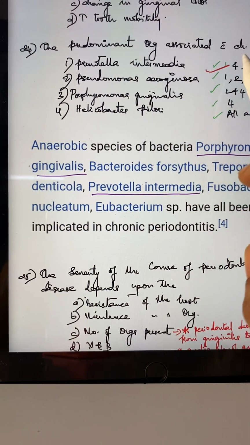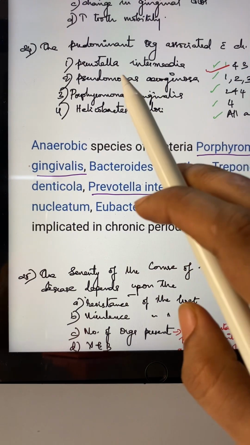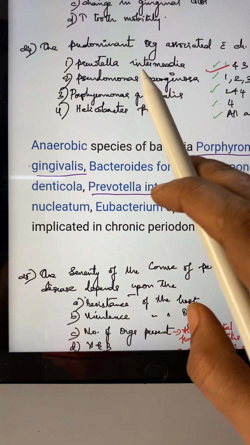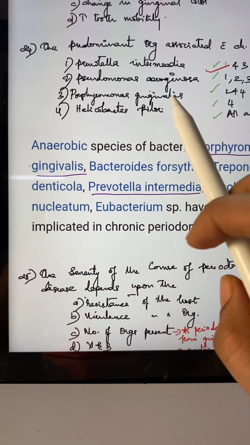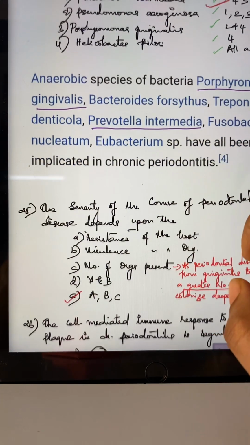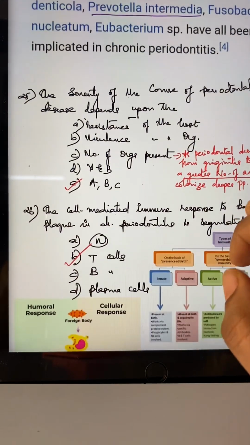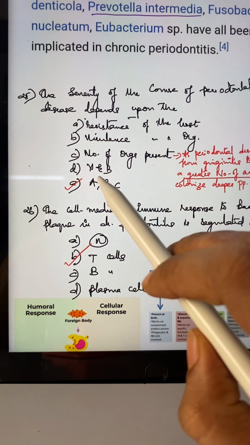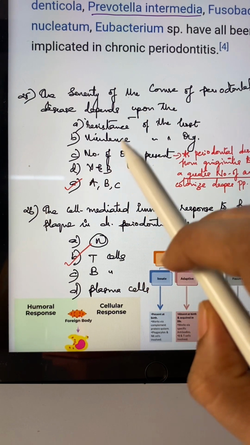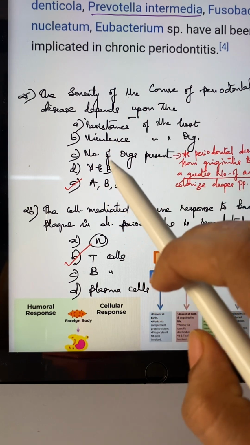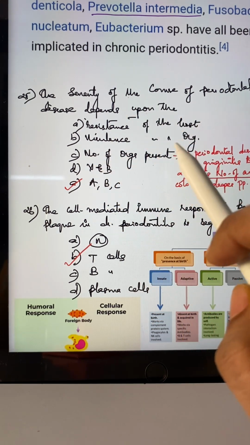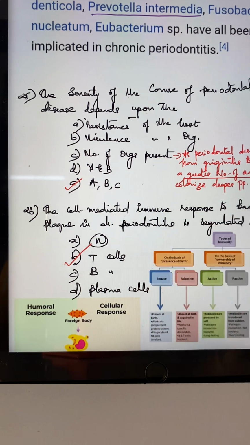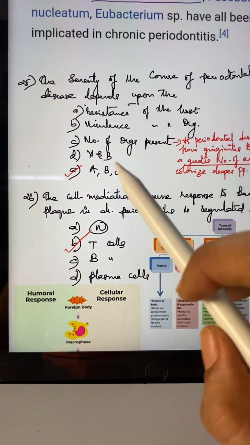The predominant organisms associated with chronic periodontitis are, as I told you, the gram-negative anaerobes like Prevotella intermedia and P. gingivalis. That is the answer. The next is, the severity of the course of periodontal disease depends on A, B and C is the answer: resistance of the host, virulence of the organism and number of organisms present.